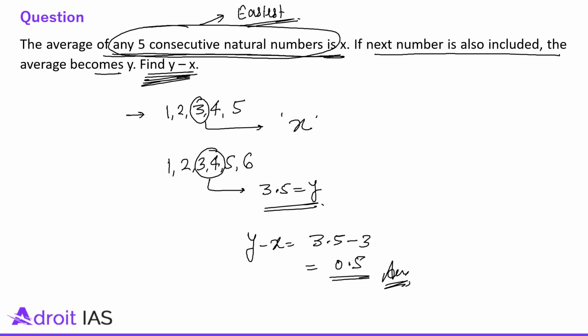If you solve this question in the examination with the simple approach, like assuming the first number is x, the second number is x plus 1, the third number is x plus 2, and so on, this will become a very cumbersome question for you in the examination. Please don't do that. Use smart approaches, right everyone?